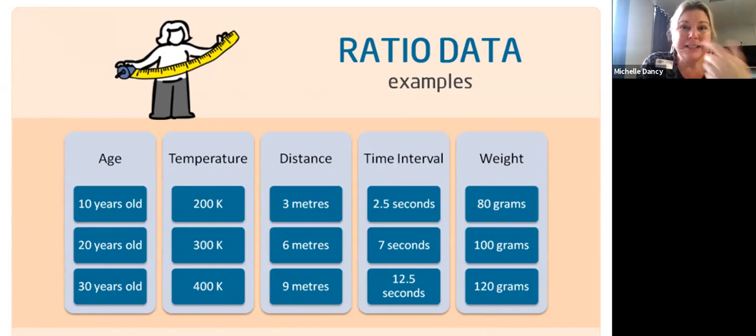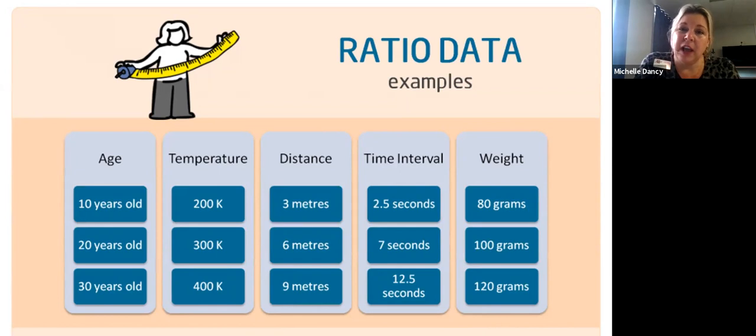That proves my point. Some of these can be kind of confusing depending on how you're measuring the temperature. Some measurements of temperature do actually have a true 0. So don't worry. When I am testing you, I will make it very clear what we are talking about, okay? So I put that one on there just to remind myself and make sure you are paying attention that some of these can be really confusing.